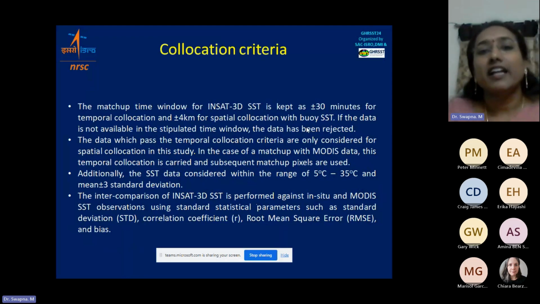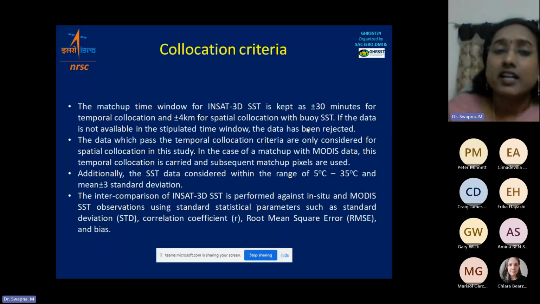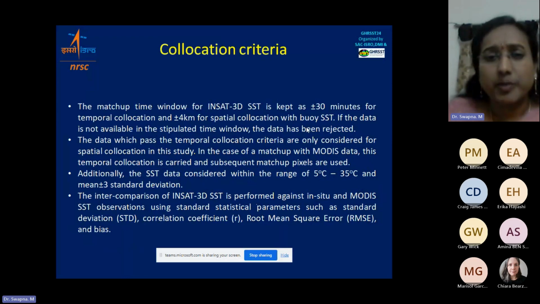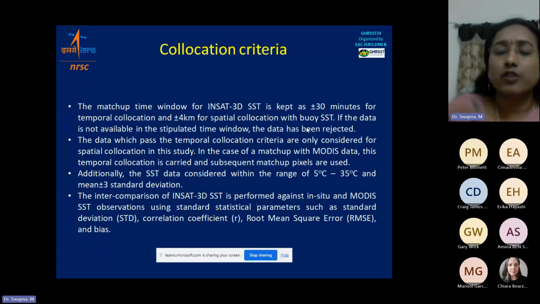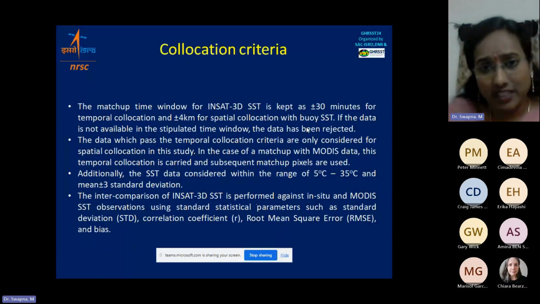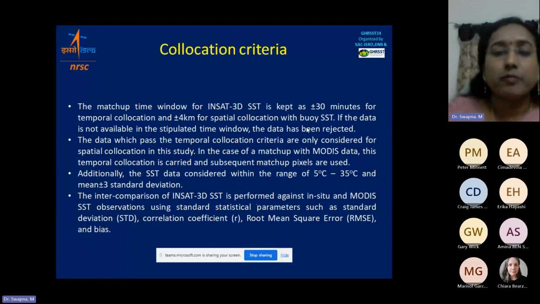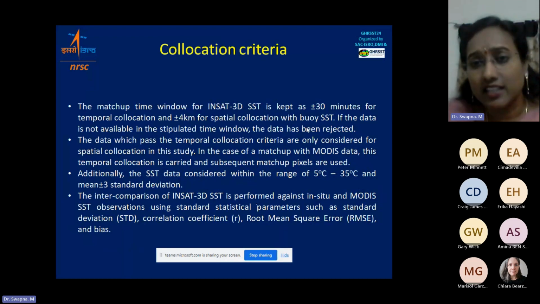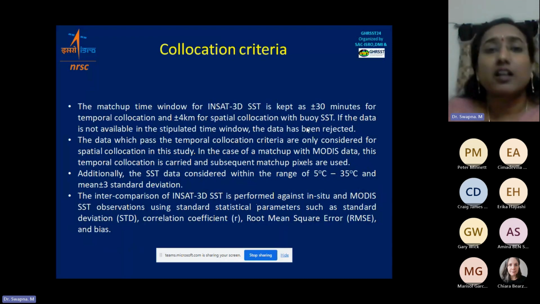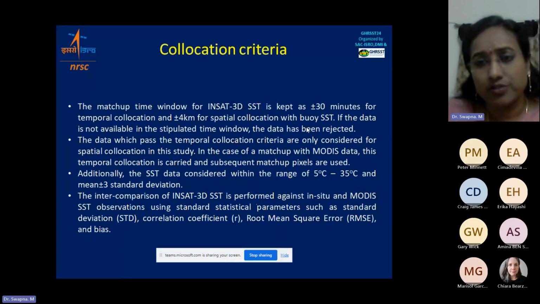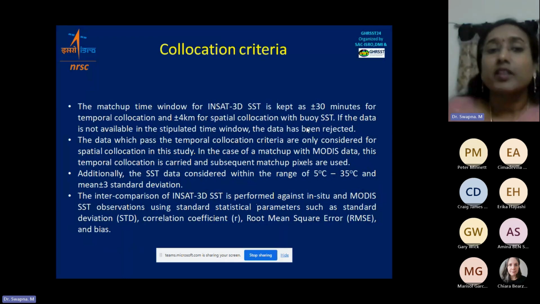Then I consider spatial collocation of plus or minus 4 kilometers. If at that buoy location satellite data is not there, I look around the pixels within plus or minus 4 kilometer distance. If any data is available, I take that data. This is the collocation criteria I have used.